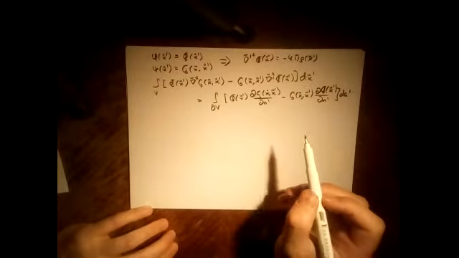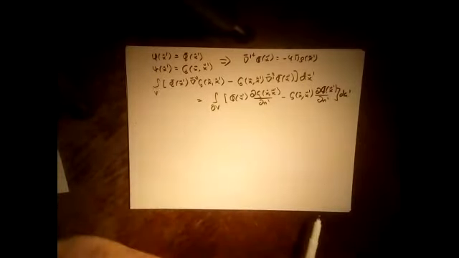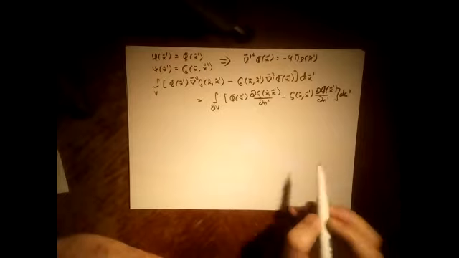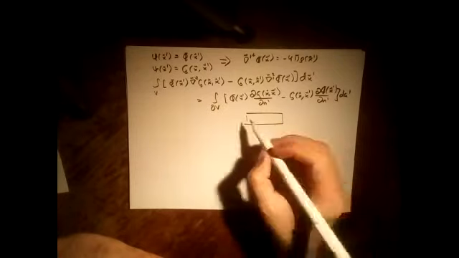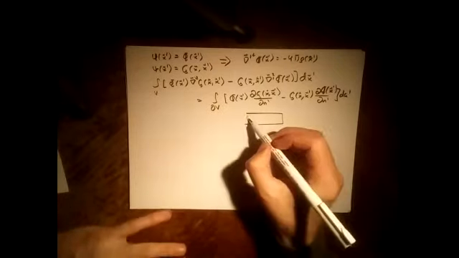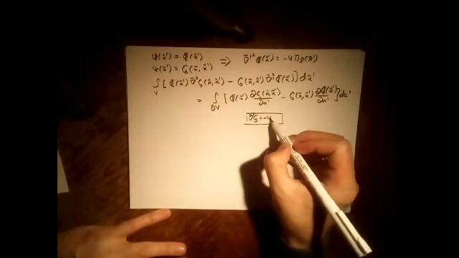And a second identity that is satisfied is that the Laplacian of the Green's function has to give us minus 4 pi times the delta function. Let me write that second identity here because it doesn't fit up here: gradient squared G is minus 4 pi delta.